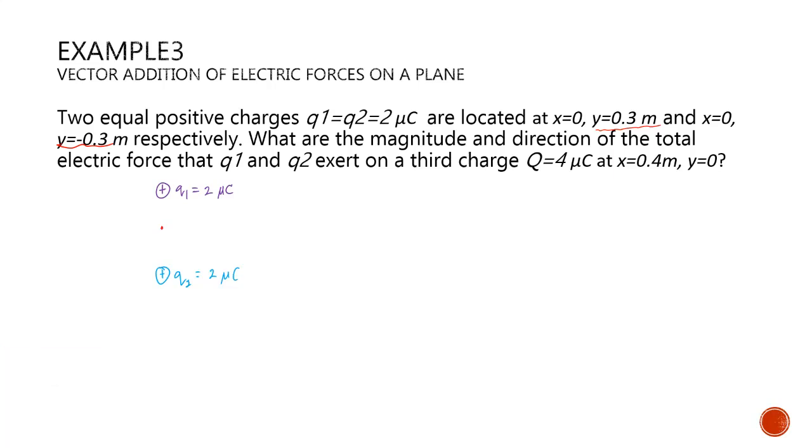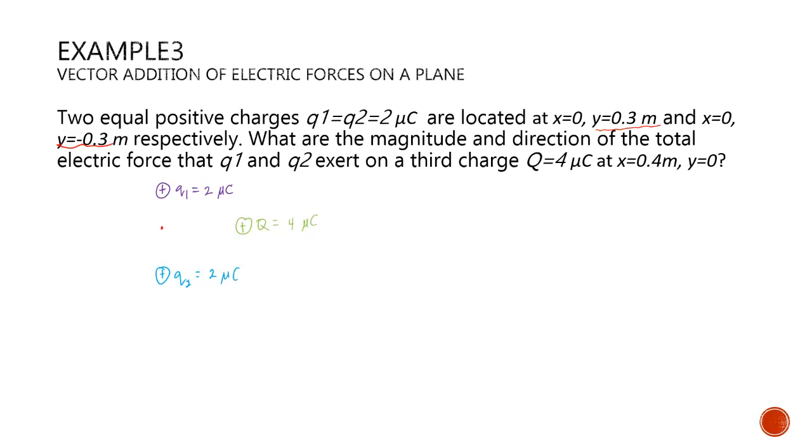It's also positively charged. So let's say this is the Q with magnitude 4 microcoulombs. So we have to get the total force that Q1 and Q2 exert on Q.